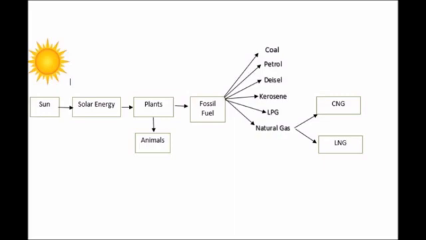Then you see in the flow chart there are natural gases like natural gas, which is a gas used in automobiles, children, right? Then another is LNG. LNG means liquefied natural gas. Both these gases contain a chemical substance known as methane.